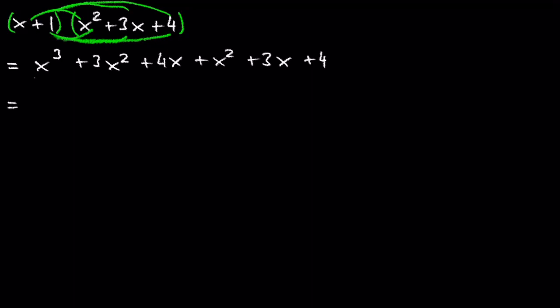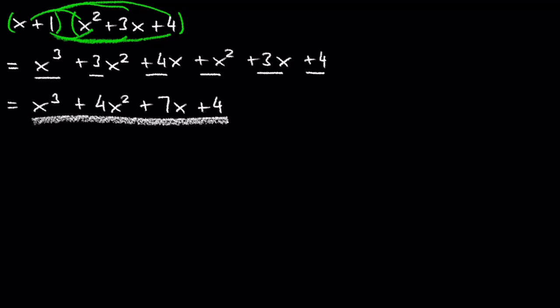So we get x cubed plus 4x squared plus 7x plus 4. So we get x cubed plus 4x squared plus 7x plus 4, and we're done with this problem.